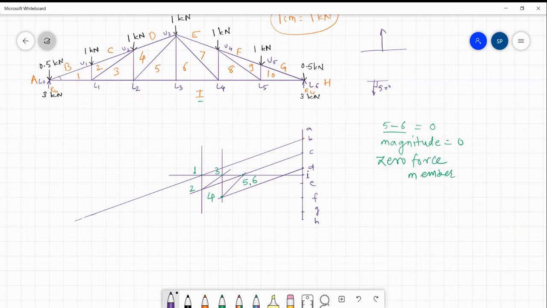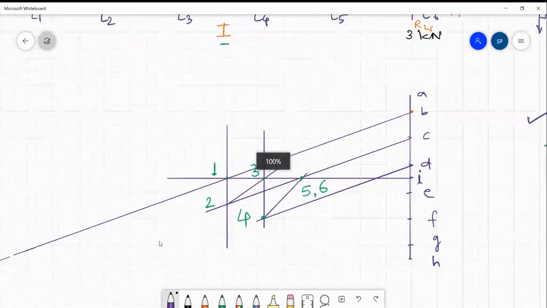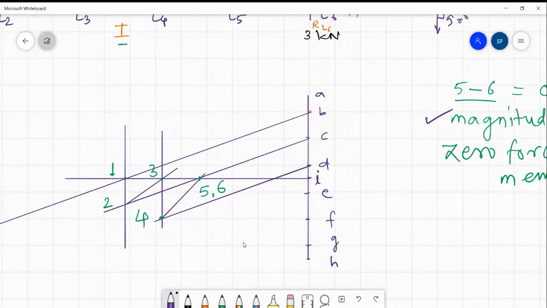So this is member force along L3 U3, this is member force along L3 L2, and this is member force along L3 L4. If you apply summation Fy equal to 0 here, this particular member force becomes 0, and you have got the same value here because 5 and 6 coincide. So this is how you have to find out member forces.